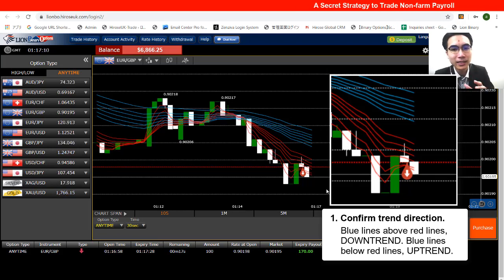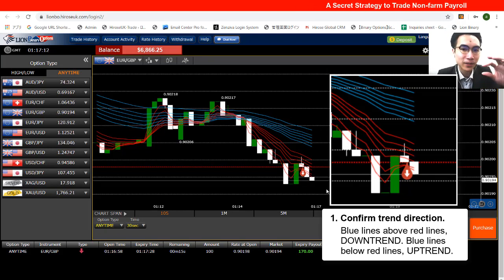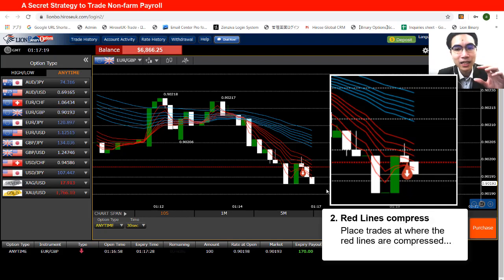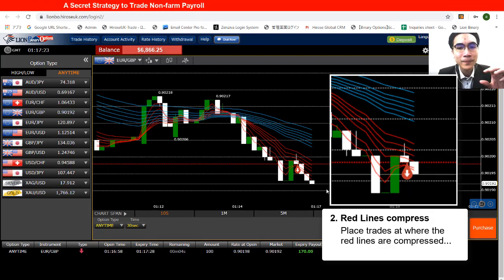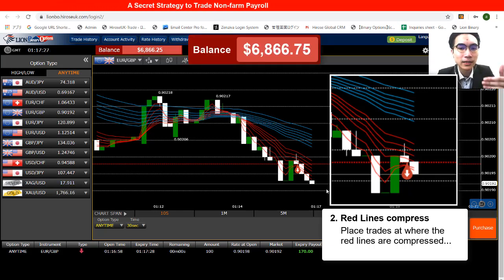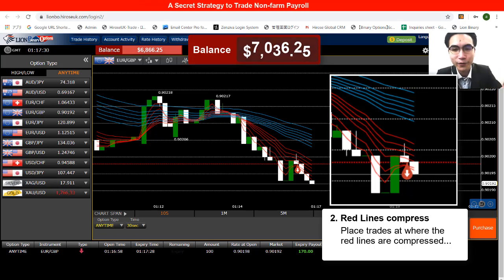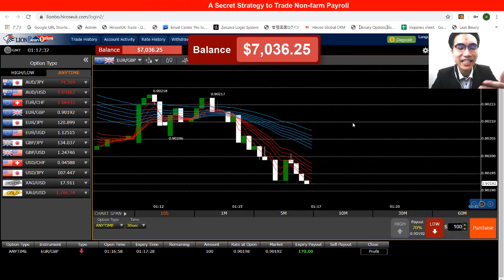Here is a downtrend: the blue lines are on top of the red lines, the blue lines are heading downward and expanding, and the red lines are compressing, which indicates a bearish signal. That's why I opened a low there. Pretty simple and straightforward, and the trade is ending in profit.